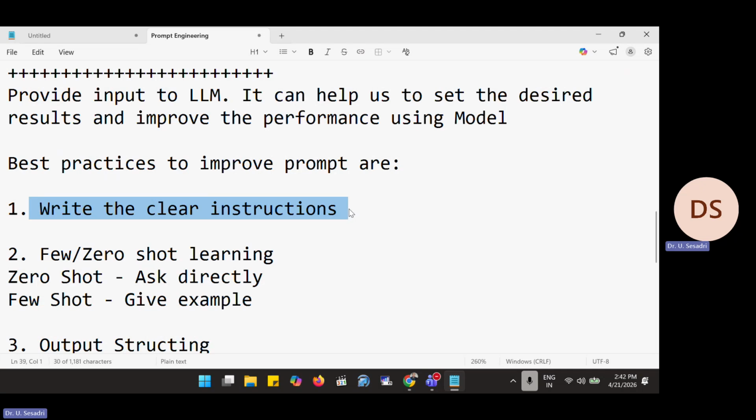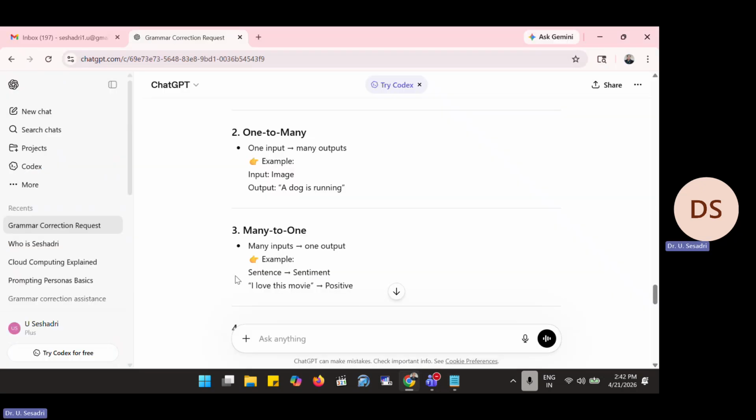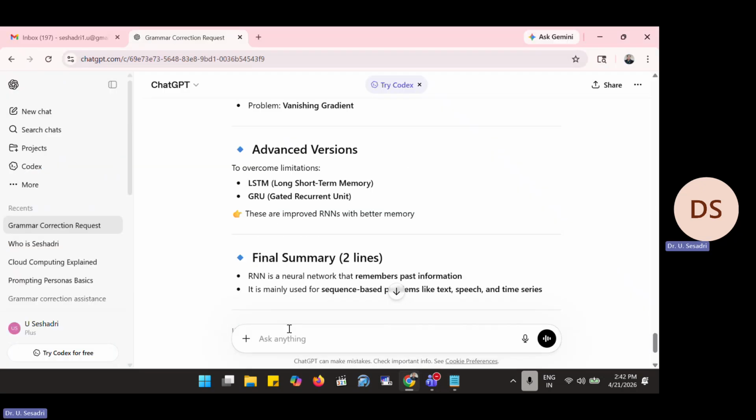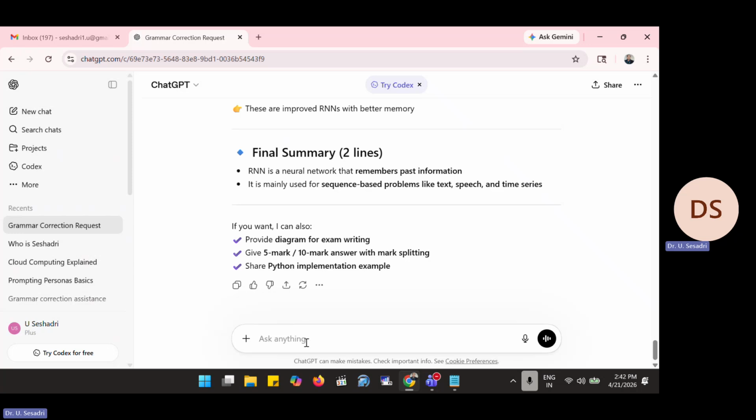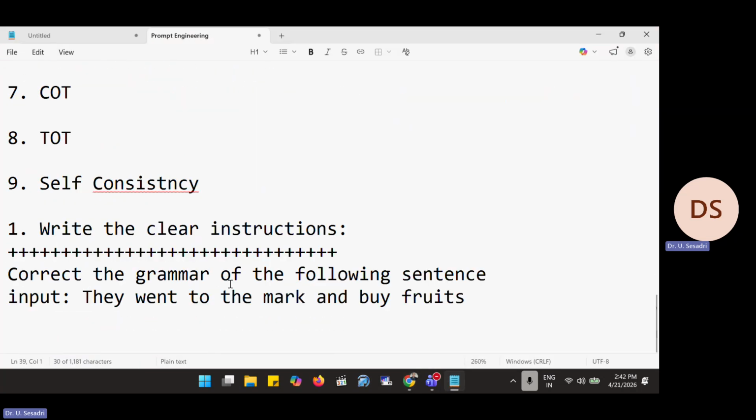And one more example I'm telling. If you want to translate some sentence into other languages, we can easily translate it when the instructions are very clear.